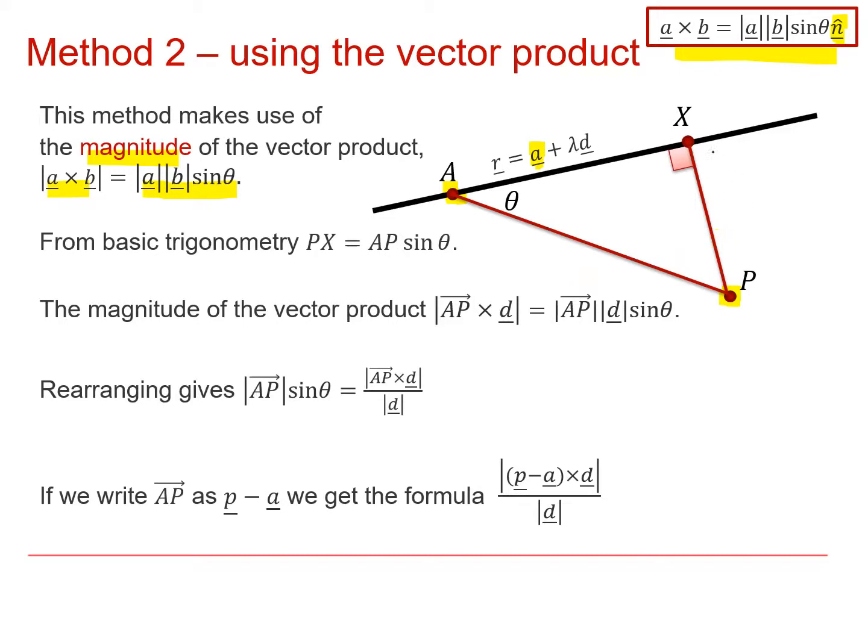I want to get px, this distance, and that's just going to be AP sine theta, just using this right angle triangle. Now, AP sine theta comes from this.